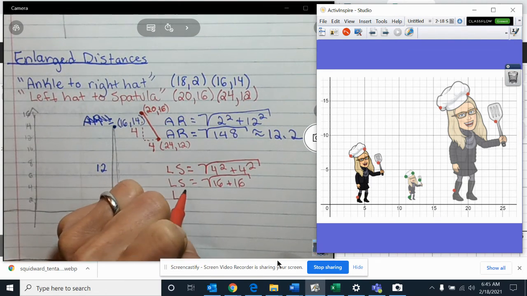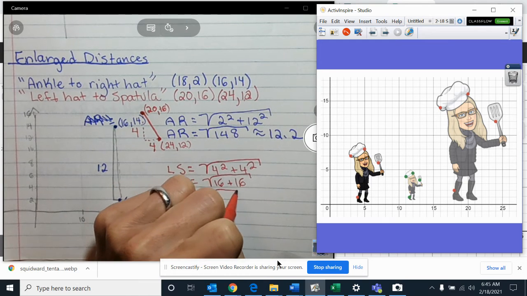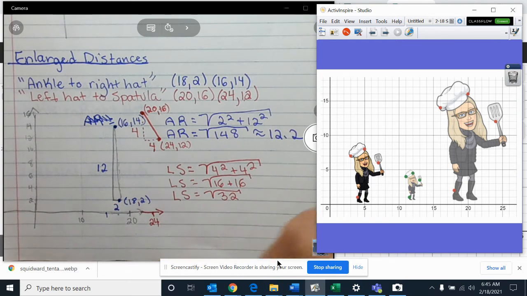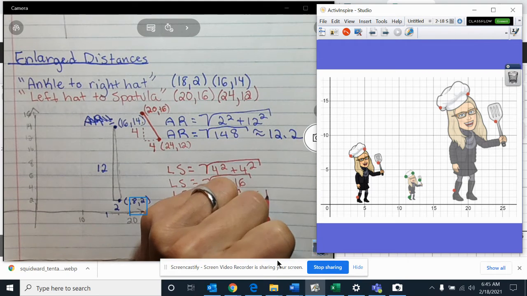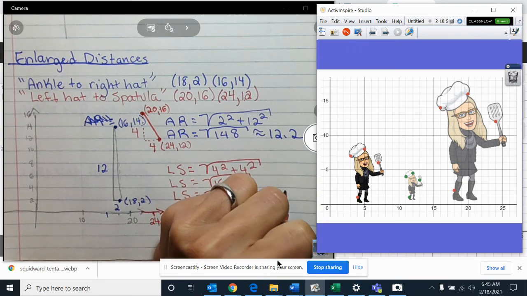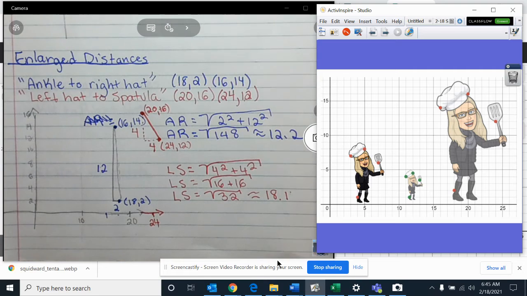And then we need to take the square root of 32. And what we get is about 18.1 there.